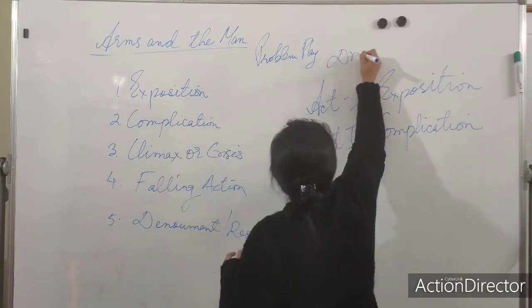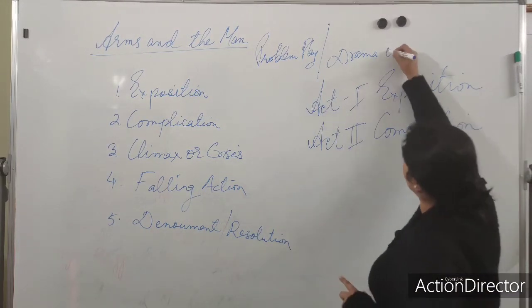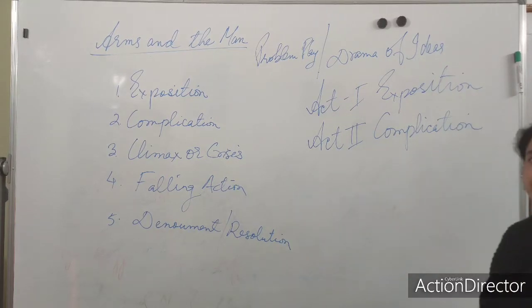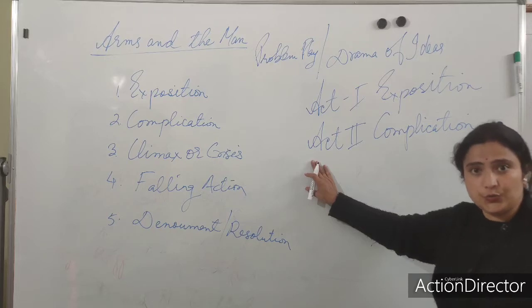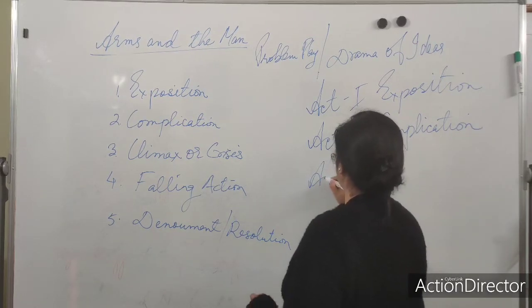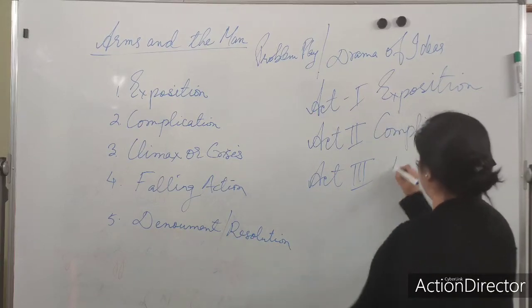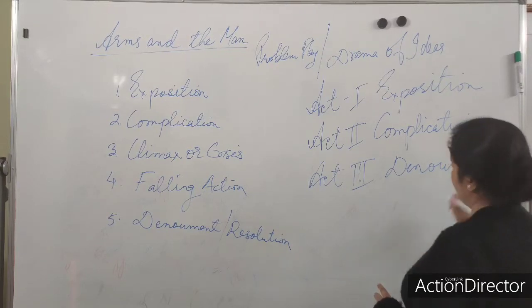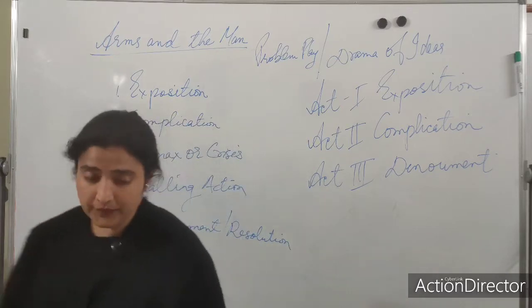And another name for a problem play, which I perhaps did not tell you earlier, is drama of ideas. The problems, the complications, the conflicts, all these things take place in Act 2, right? And in Act 3, everything settles down, and that is your denouement. Herein is your resolution, in the sense that everything gets settled.